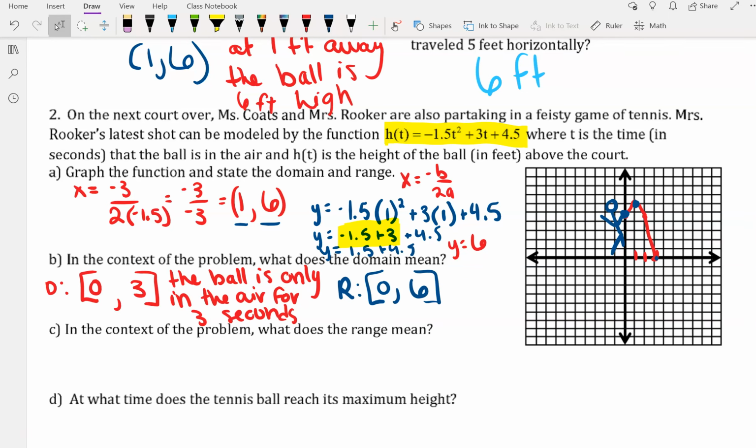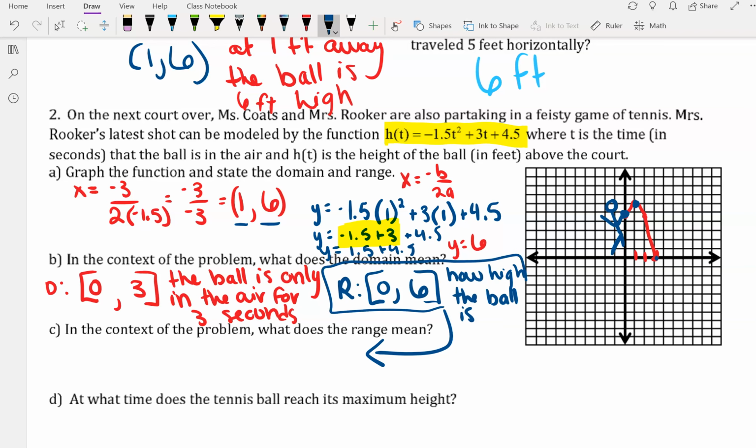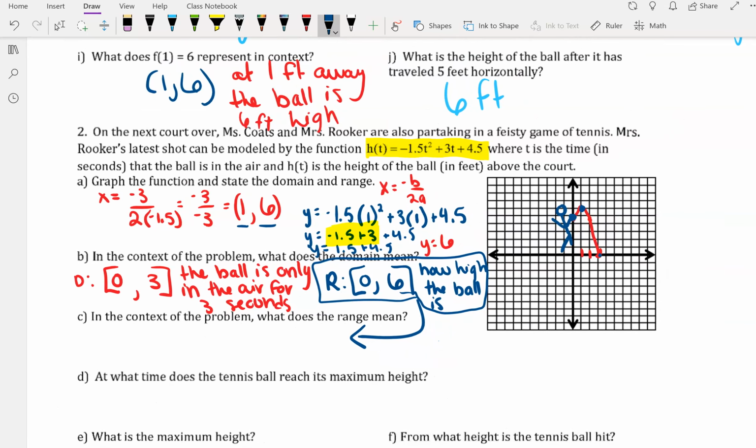So the range in this problem is talking about how high the ball is at any given time during this problem. Whoops, that was supposed to be my answer for this. For C is all of that. I'm all over the place today, sorry guys.